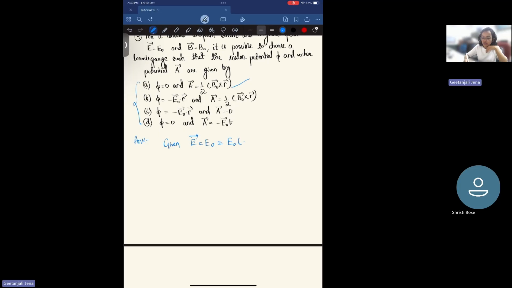This is the A naught vector, and this is the B naught.